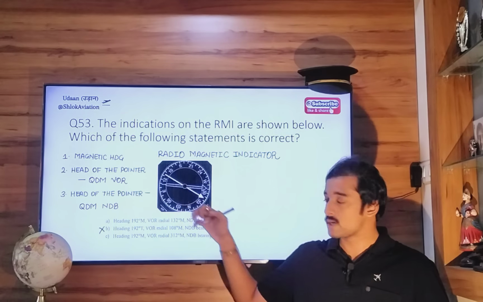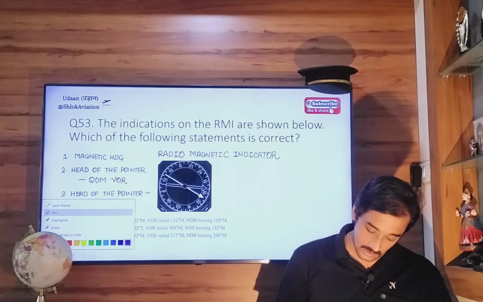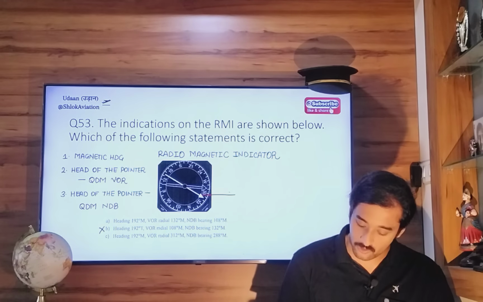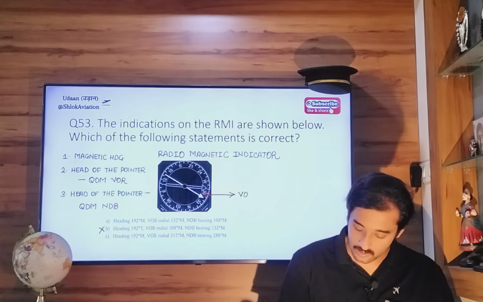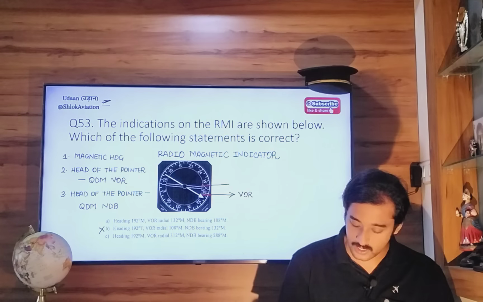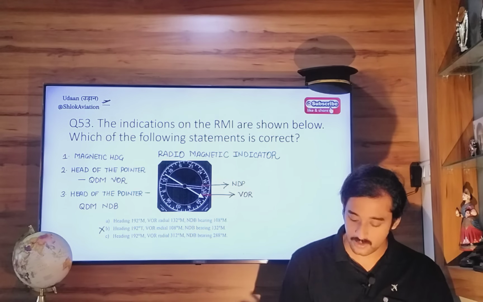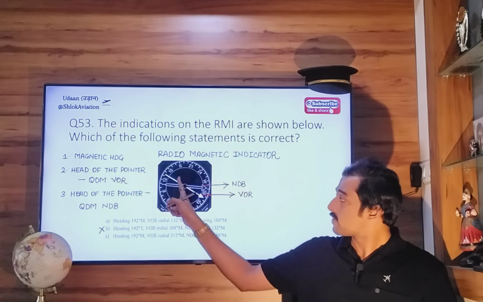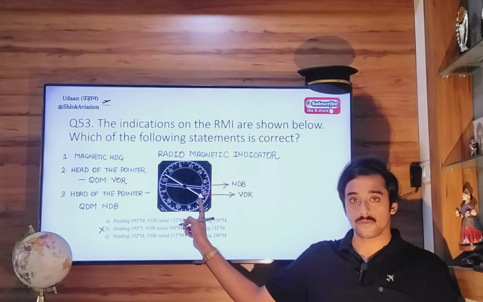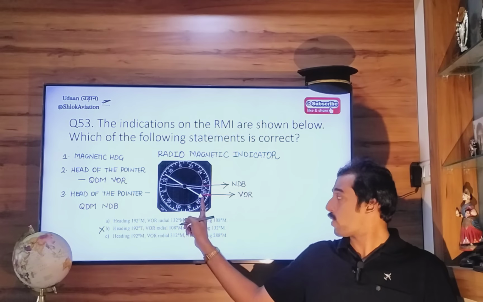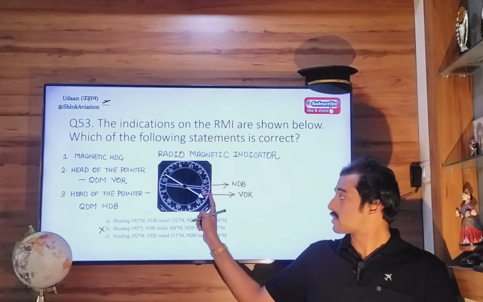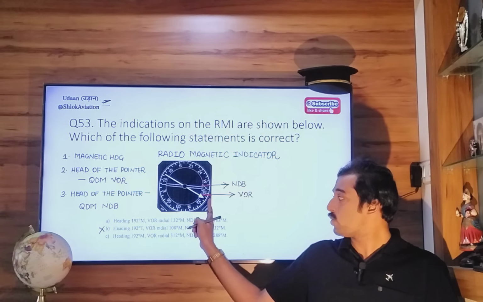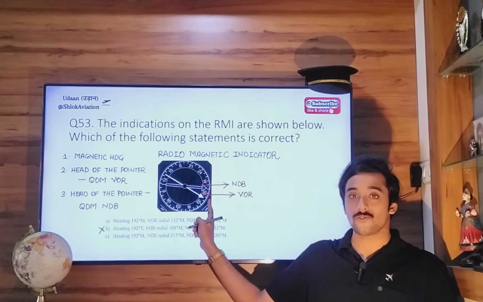Now look at these two needles. This white color needle is your VOR needle, and this needle is your NDB ADF needle. Fine. Now the head of this white needle, or the pointer, is pointing towards, this is 300, 310, and 315.